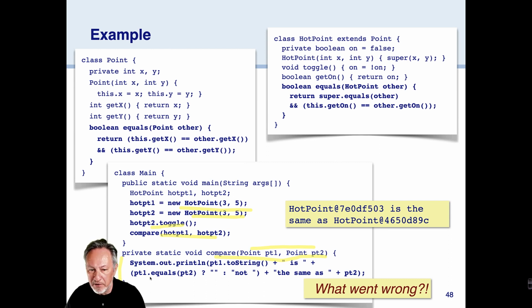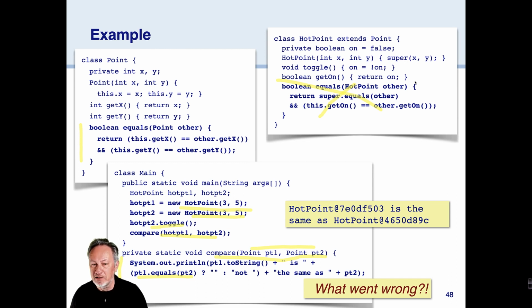The comparison is going to be resolved to the comparison from the point class and not this one. As a consequence, this comparison is going to be performed and the additional behavior is going to be ignored. So this is one of the things that can go wrong.